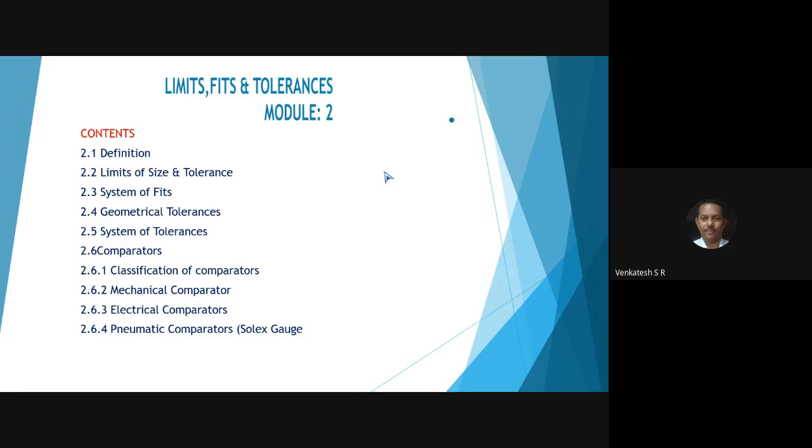This is very, very important. Almost all the question papers have this question for 5 marks. Mark it. I repeat, explain briefly limits and tolerances with suitable examples.